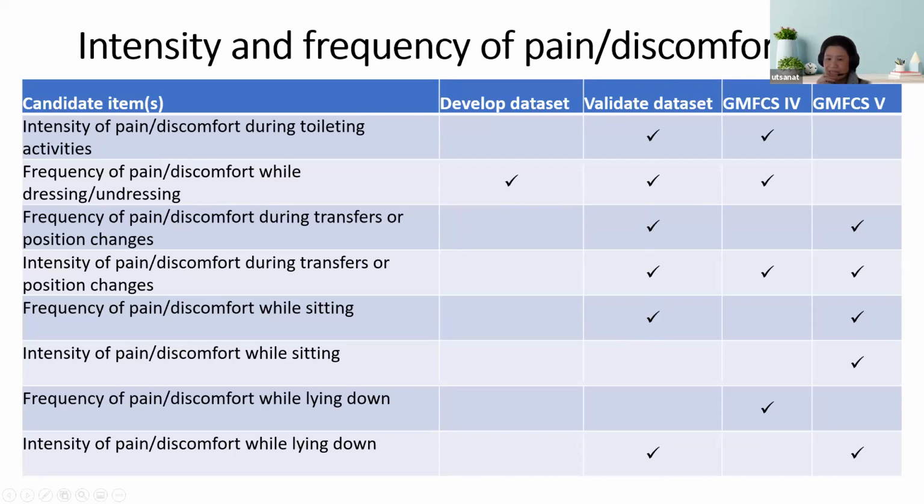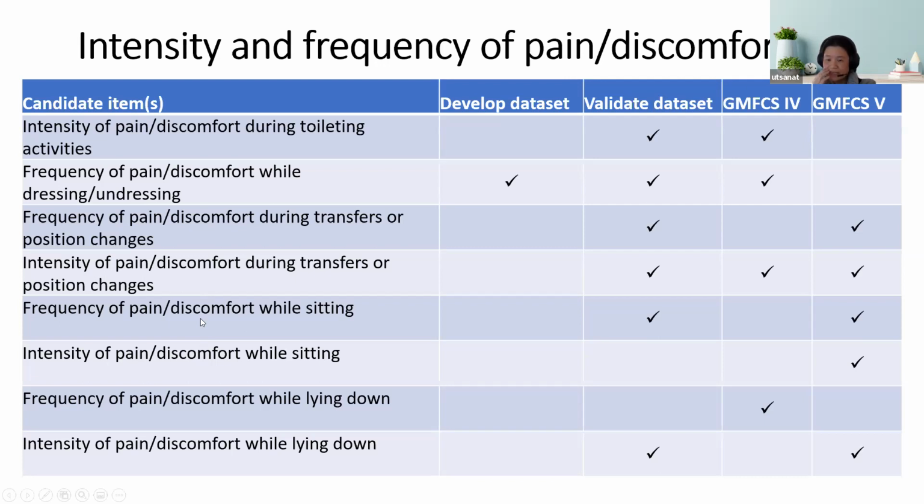And there is some correlation that we found between the frequency of pain and discomfort while dressing or undressing and the intensity of pain and discomfort during transfer or position change. The frequency of pain and discomfort during transfer or position change correlates to the frequency of pain and discomfort while sitting.